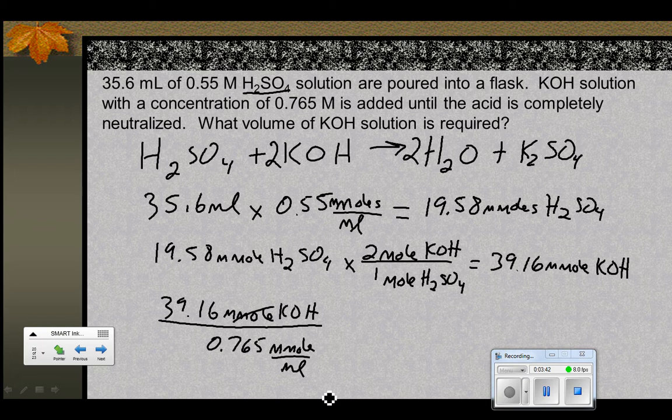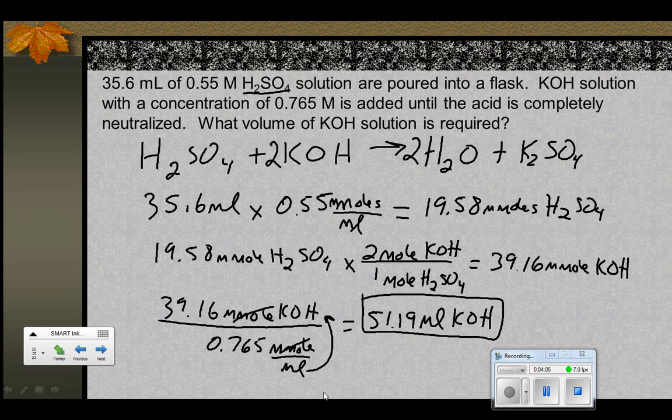And I do that so the millimoles cancel out and the milliliters will go up on top, because when we invert that, we multiply. And so when we divide this 0.765 into 39.16, we get 51.19, and that's in milliliters of KOH. So again, just a stoichiometry problem with the same 4 familiar steps.